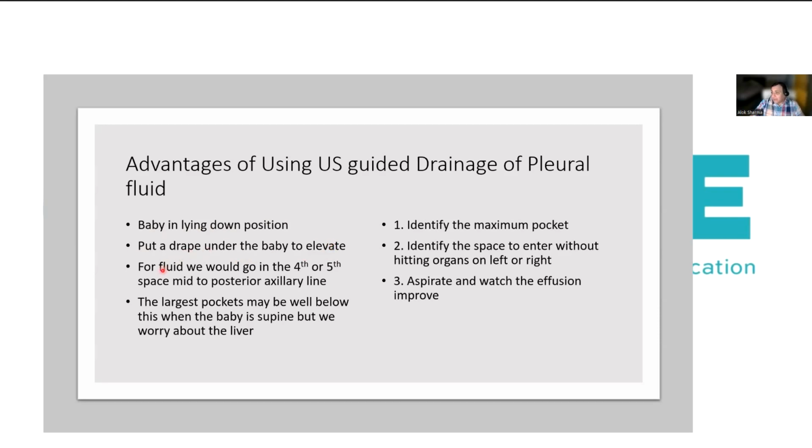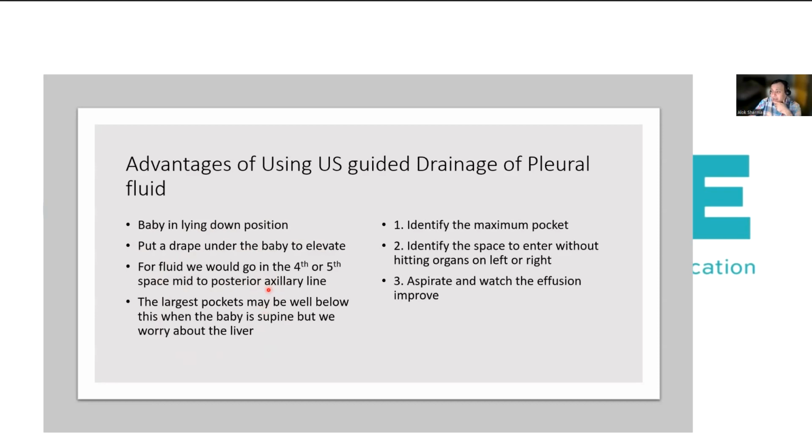For a landmark-based paracentesis, the triangle of safety is usually the third to fifth intercostal space and mid to posterior axillary line. The benefit that ultrasound gives you is you can see the largest pockets in the baby, even when the baby's supine, and you can actually demarcate where the liver is.